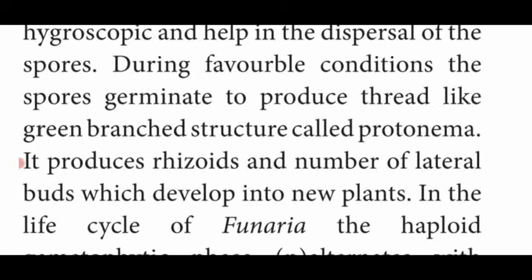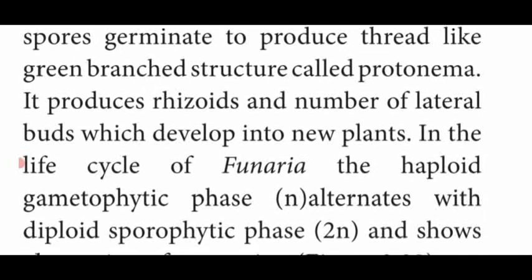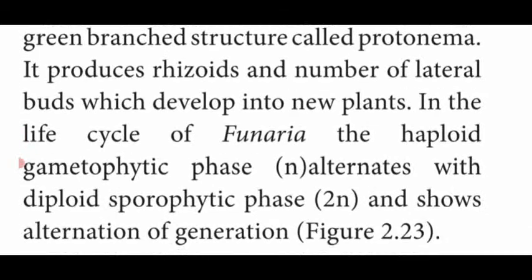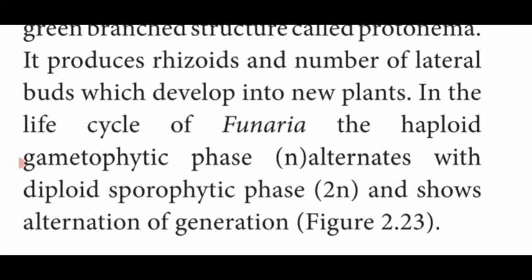During favorable conditions, the spores germinate and develop into a green thread-like structure called the protonema. From that protonema, a number of lateral buds are produced and develop into new plants of Funaria. Funaria, which shows the haploid gametophytic and diploid sporophytic phases, proves alternation of generation.